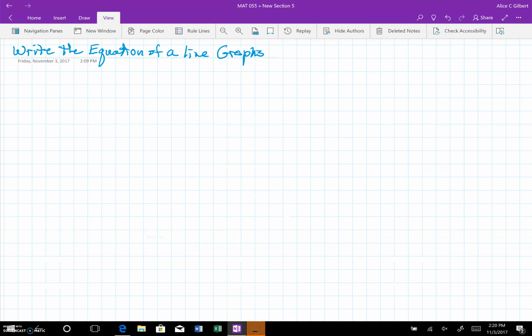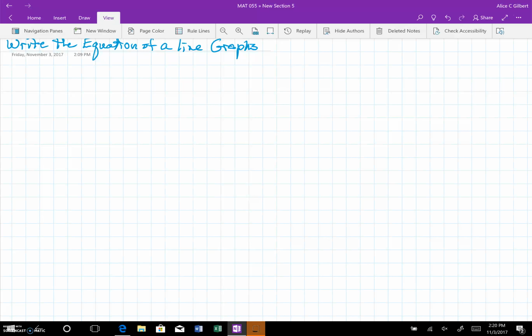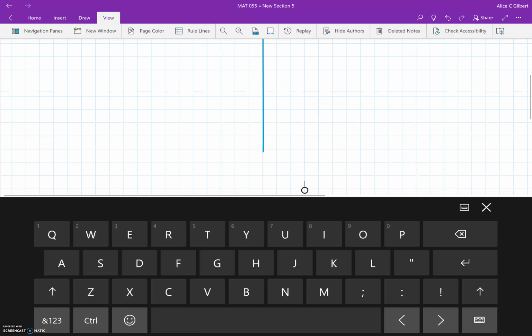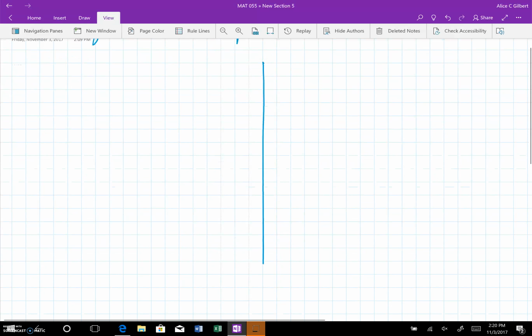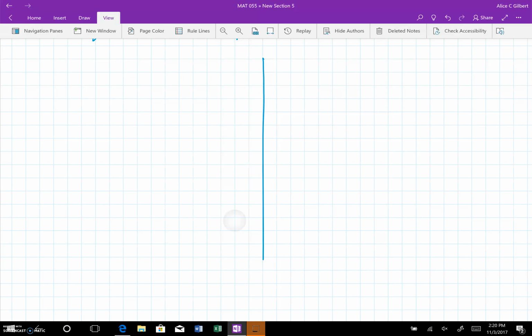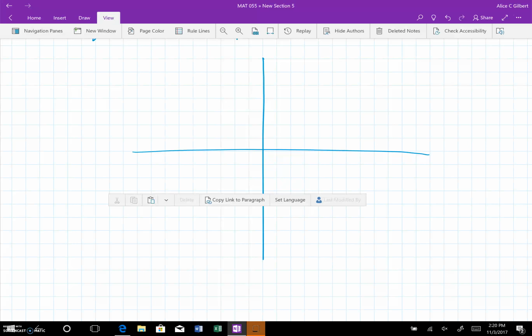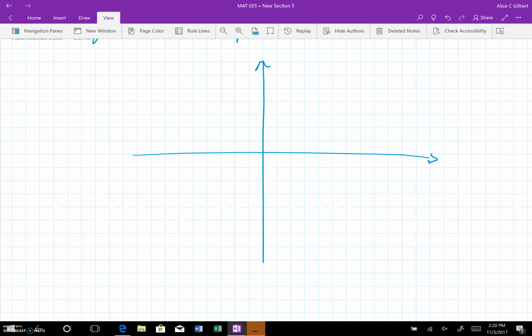So make my nice axes here. Nice straight line. So get your ruler out. Okay. All right, make sure to put our arrows on everything.